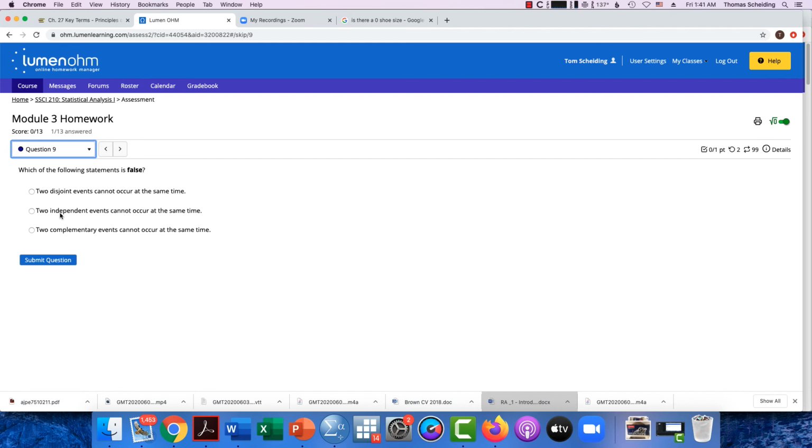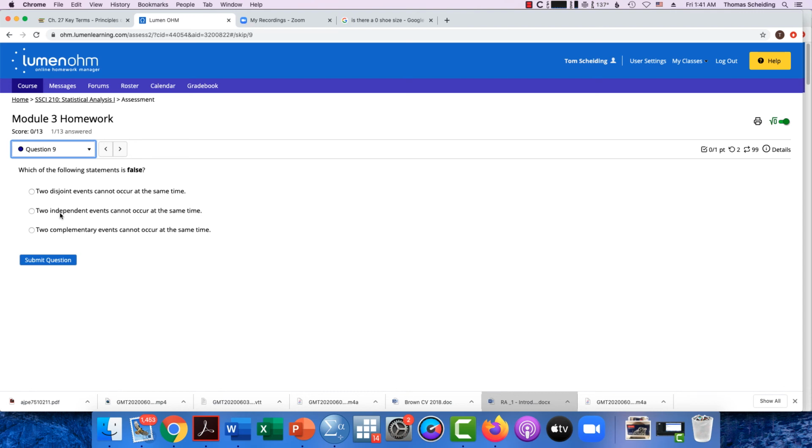Independent would mean that they are unrelated. So two independent events cannot occur at the same time. Now the third option here is two complementary events cannot occur at the same time. So what we know about complementary events is that the events need to add up to 100%. Like let's say 60 and 40 add up to 100.